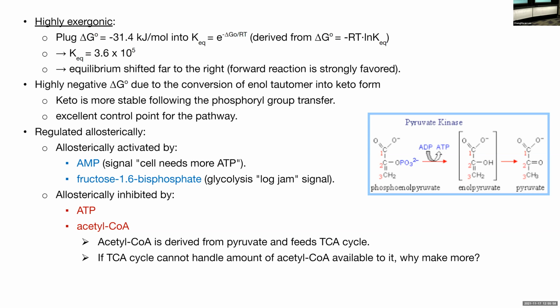If you think of it as a dissociation constant, if you can remember, in the Michaelis-Menten equation, it's the concentration of enzymes and substrates over the concentration of ES complex, right? So instead of having some ES complex, you're going to have a lot of just enzymes and the substrates here. And that means equilibrium is shifted far to the right, so the forward reaction is strongly favored.